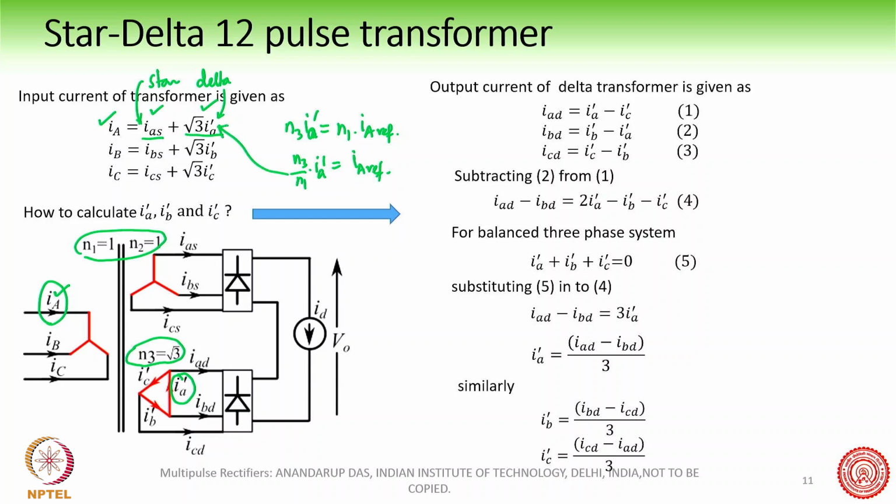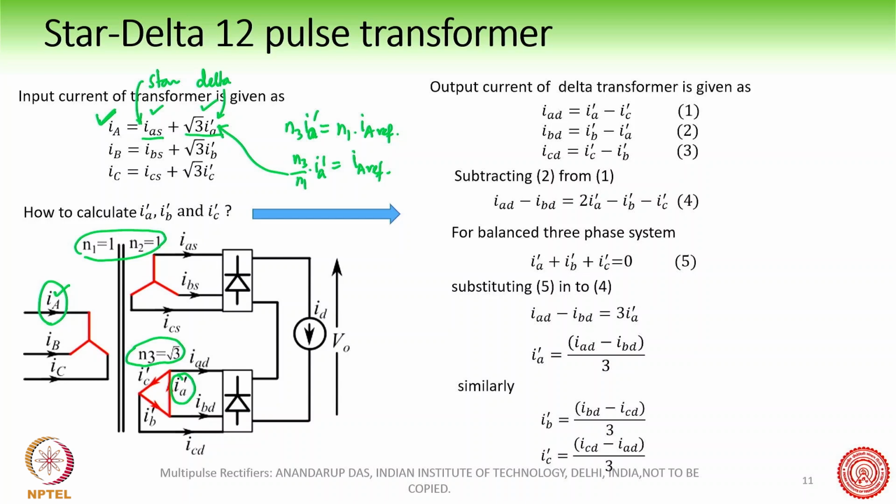Therefore the total current I capital A is IAS plus √3 times IA dash.